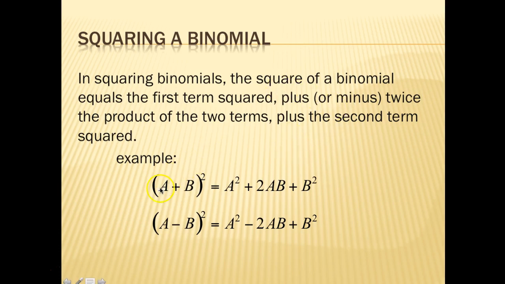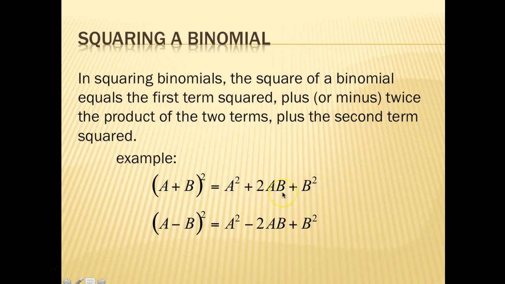For example, (a + b) squared. You can do one of two things. You can do (a + b) times (a + b) and FOIL, or there is a property or a shortcut where you take the first term and square it, the second term and square it.